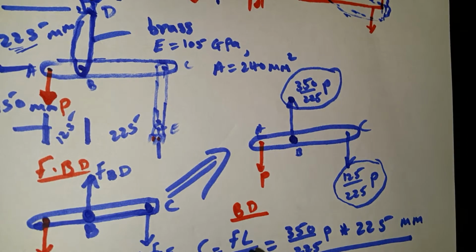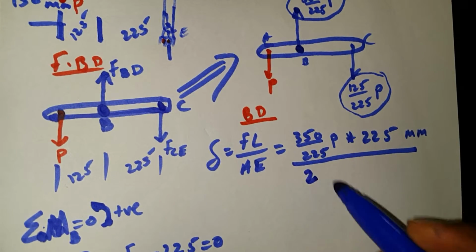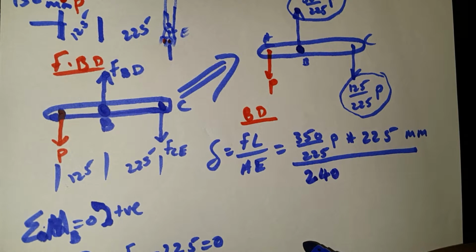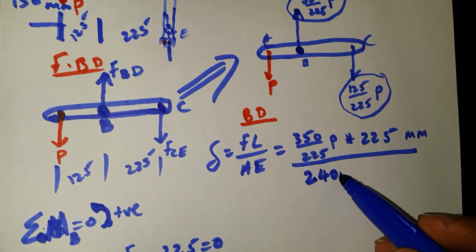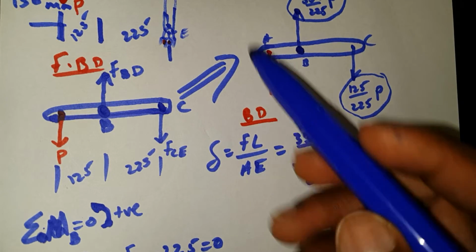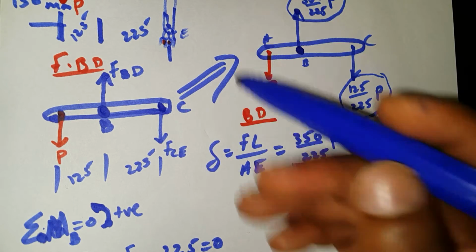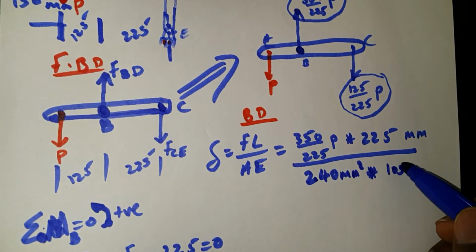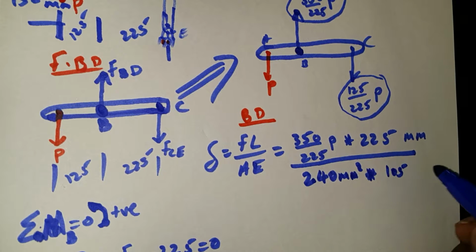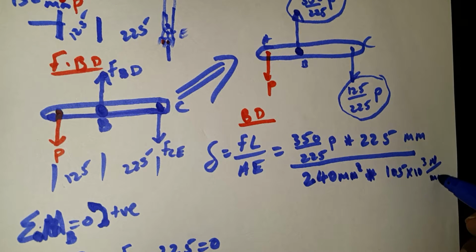So now the area for this, which is brass, is 240 millimeter squared, times Young modulus. Our Young modulus is 105 times 10 to the 3 Newton per millimeter squared, right?